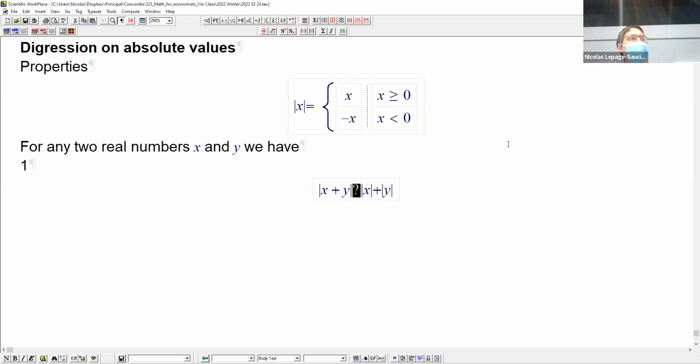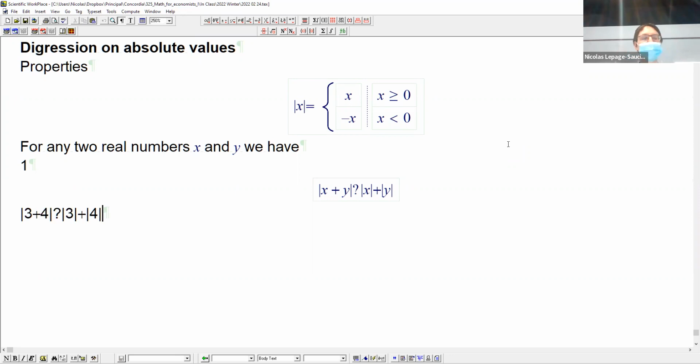You're sure it depends? Yeah, it's bigger, almost done. But I'm going to give you an example. If you have the absolute value of 3 plus 4, then on the other side, you have the absolute value of 3 plus the absolute value of 4.